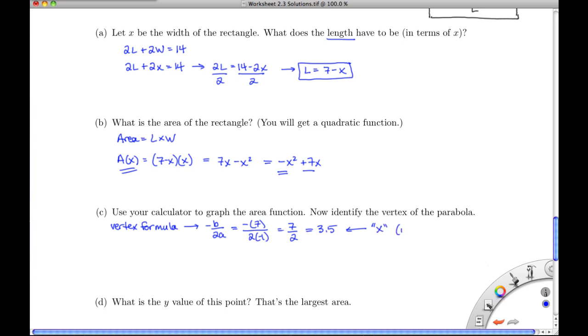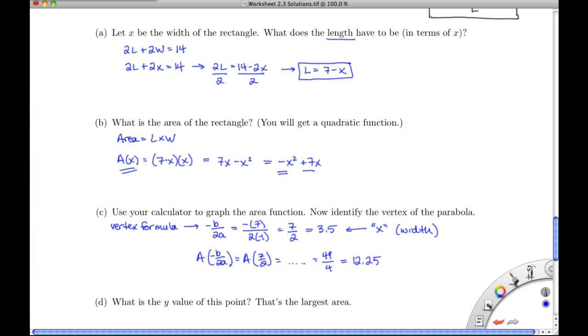More specifically here, this is our width. If we want to find the y coordinate, we take our area function and plug in the minus b over 2a, so we find A of 7/2. I'll spare you all the calculations, since you've probably already gotten this from your calculator, but what you end up getting is 49/4, which is 12.25.